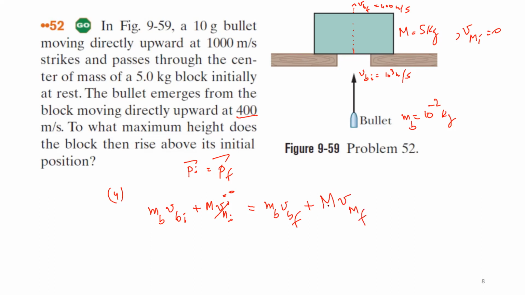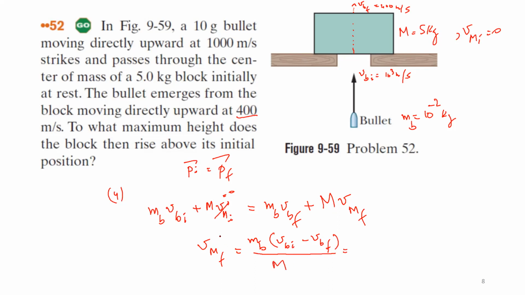Okay. So here I know everything. My only unknown is the velocity of the block final. So V_M final of the block will be just m_bullet times (V_B initial minus V_B final) divided by total mass.